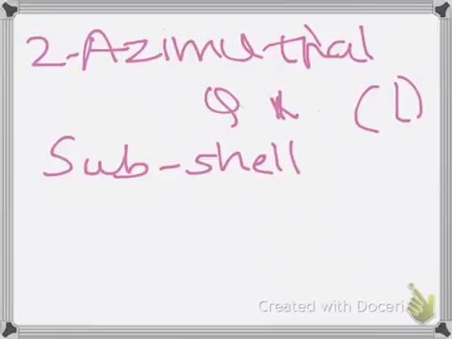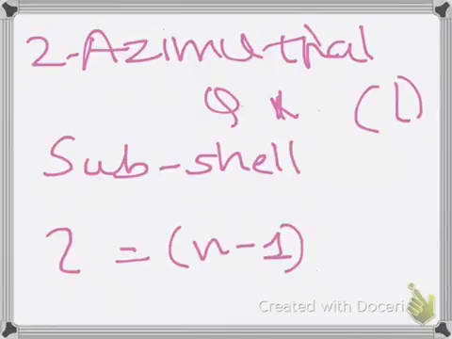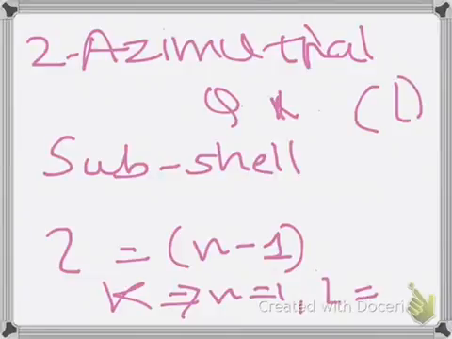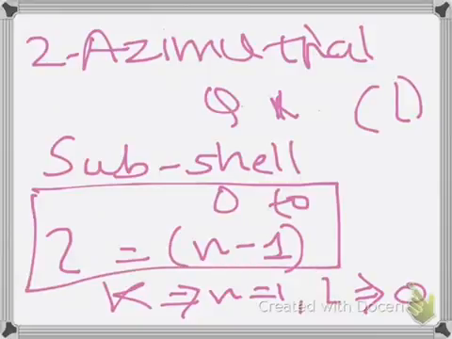It defines the shape of an orbital, and the value of L is related to n. L can have values from 0 to n minus 1.